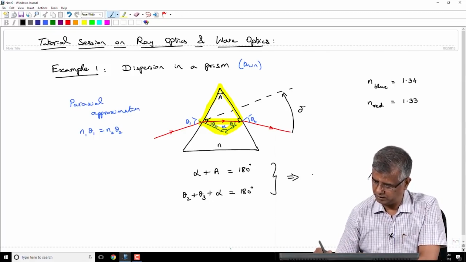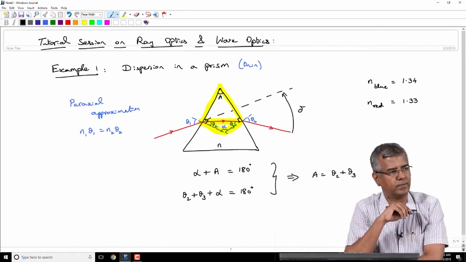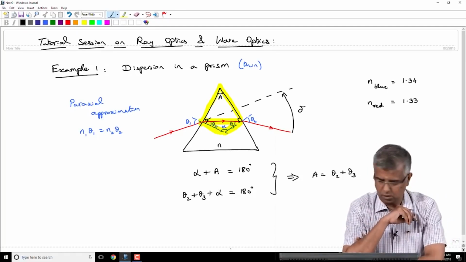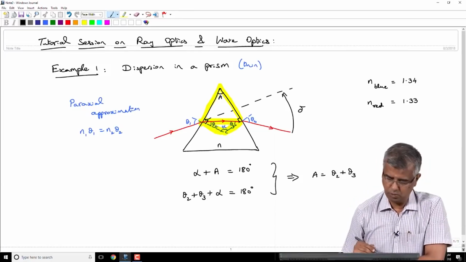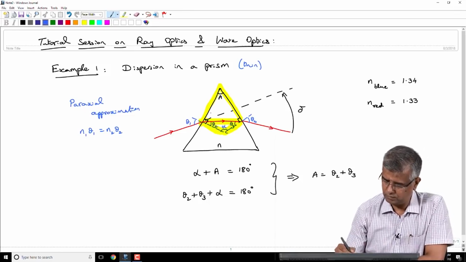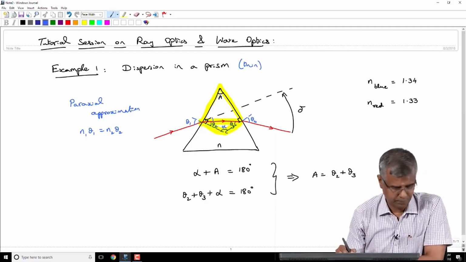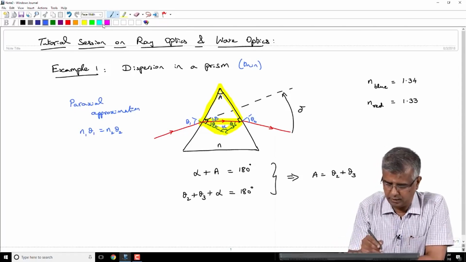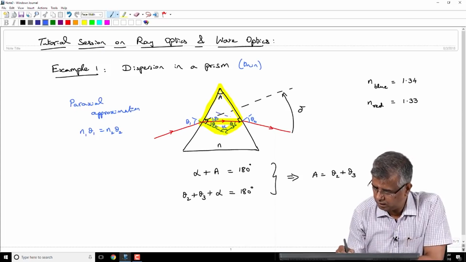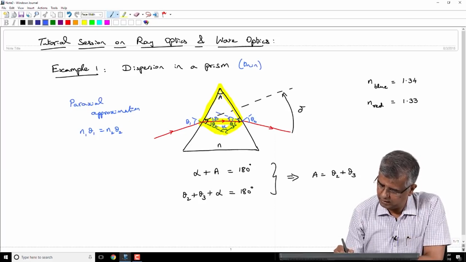Based on this, you can say that A can be expressed as theta 2 plus theta 3. That is one thing. Then we go on to express these angles over here: we represent this as beta, and if we extend this ray over here, let us call that angle gamma.